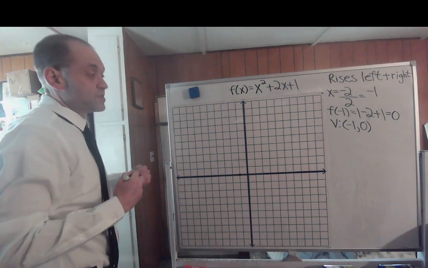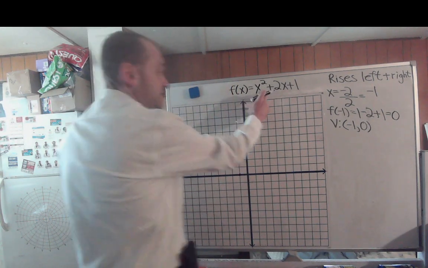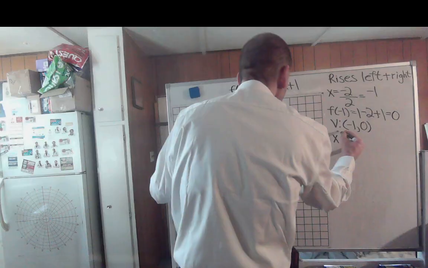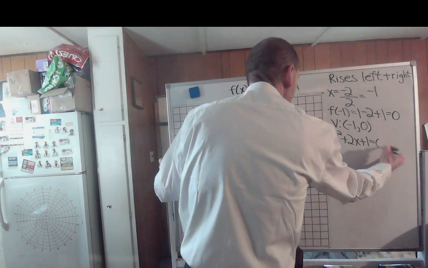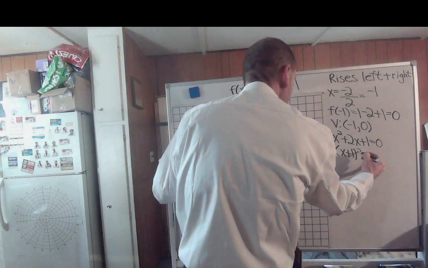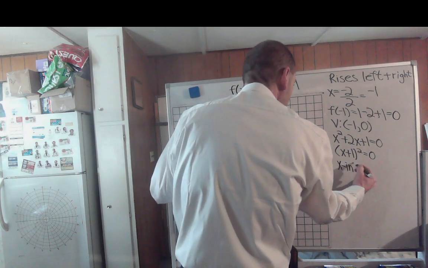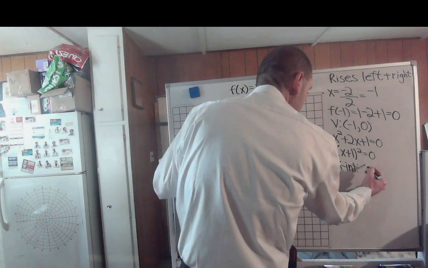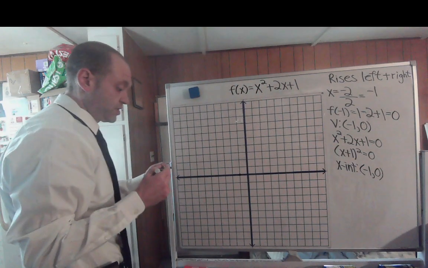And then, of course, x-intercepts. It turns out this is the only x-intercept, because if you set x squared plus 2x plus 1 equal to 0, this factors into x plus 1 squared equals 0, which means your only x-intercept is going to be at the point negative 1, 0. So your vertex is also your x-intercept.